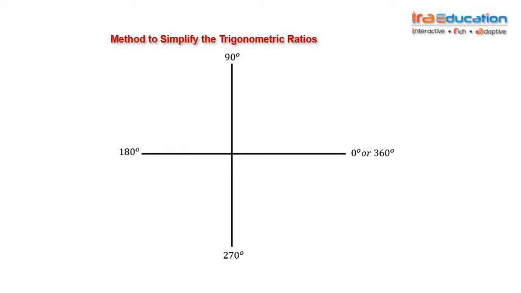Step 1. Any XY plane can be divided into four quadrants, and also watch the angles provided in the plane. Now let us look at the trigonometric ratios and their respective sign in each quadrant. In first quadrant, all the trigonometric ratios are positive.